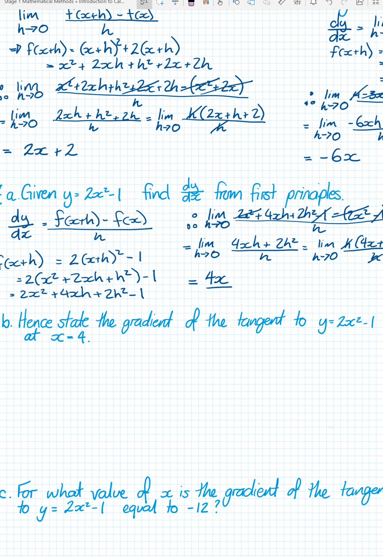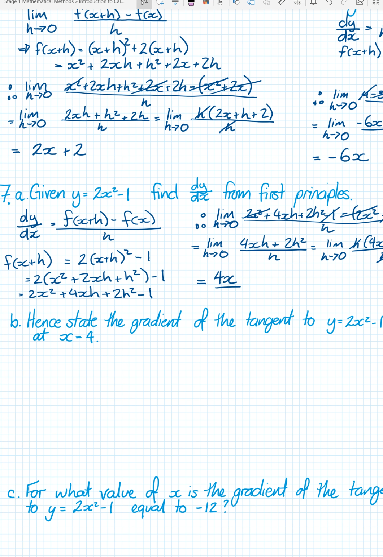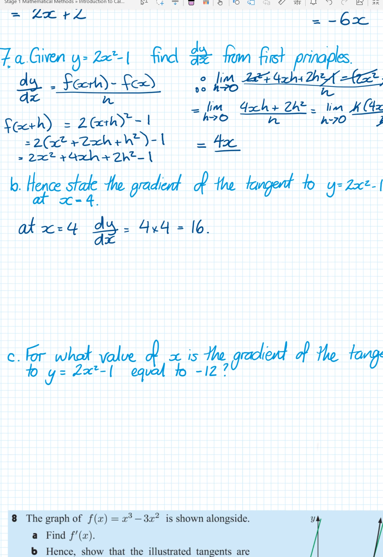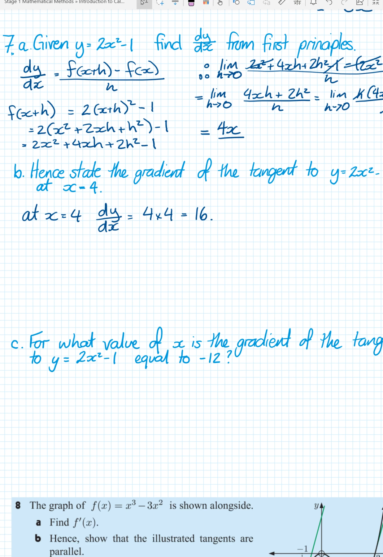So hence state the gradient of the tangent to y equals 2x squared minus 1 at x equals 4. So at x equals 4, dy/dx equals 4 times 4, which is 16. And for what value of x is the gradient of the tangent to y equals 2x squared minus 1 equal to minus 12?